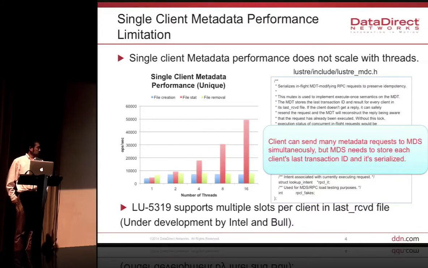There is a very interesting ticket opened to support multiple slots per client to keep the last transaction IDs in parallel. This is still under development by Intel and Whamcloud. Hopefully we can see much better single client metadata performance after the patch lands.